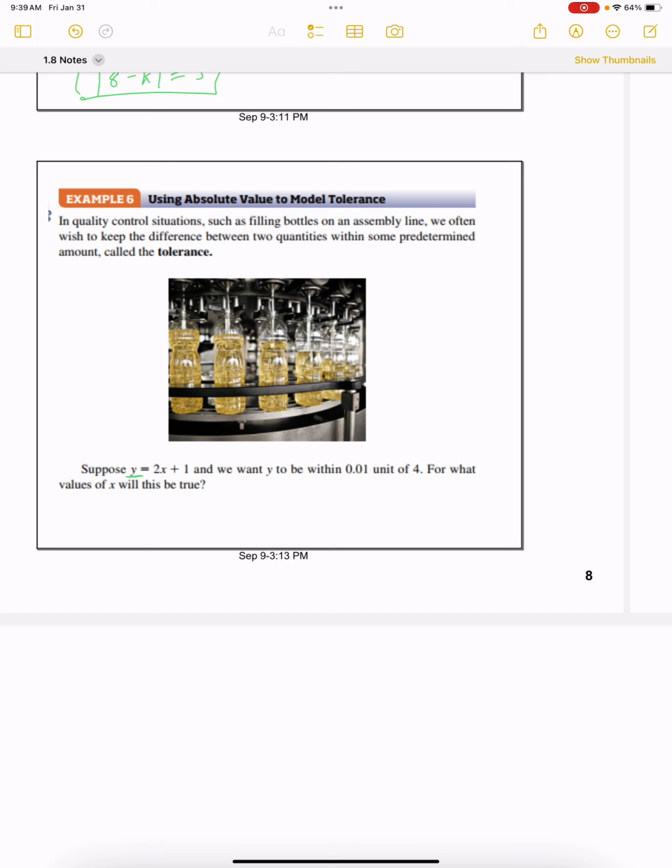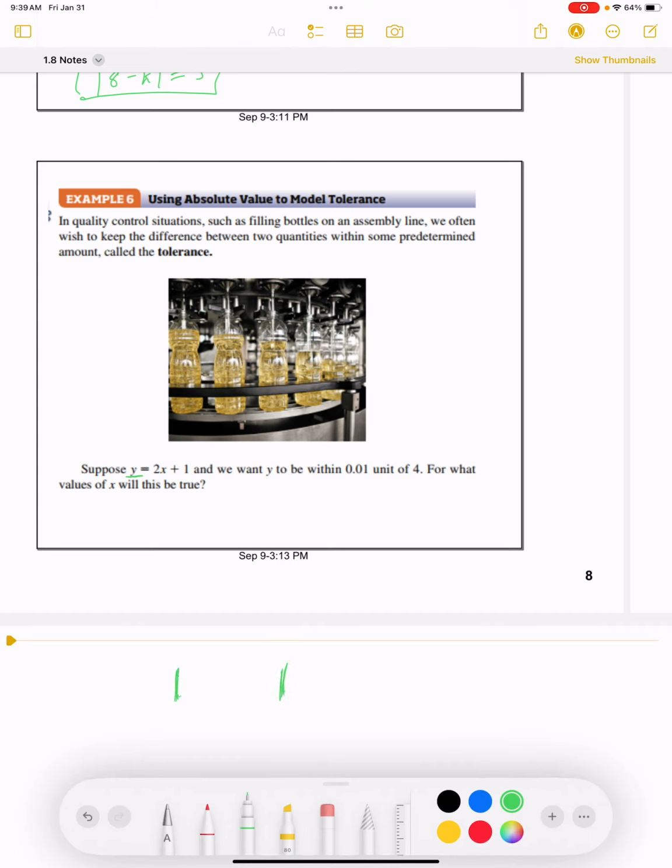Within, in between two things, which also allows within 1/100th of a unit, so it can be 1/100th of a unit, but it can't be more than that. It has to be between, like between 0 and 1/100th. So it has to be less than 1/100th or equal to. So I'm going to say the absolute value of y minus 4 is less than or equal to 0.01.